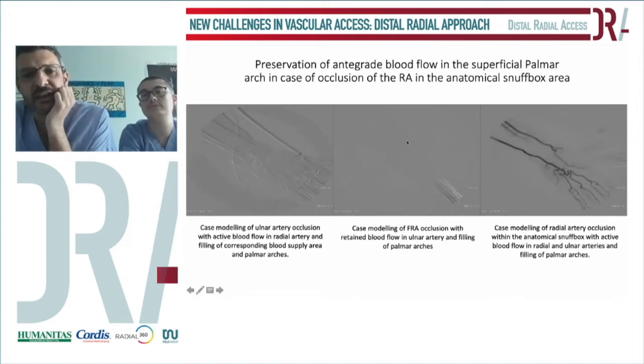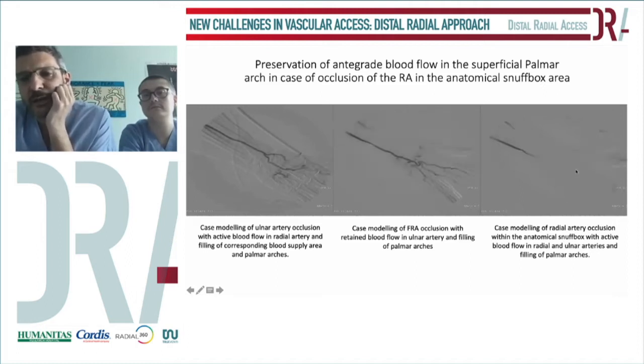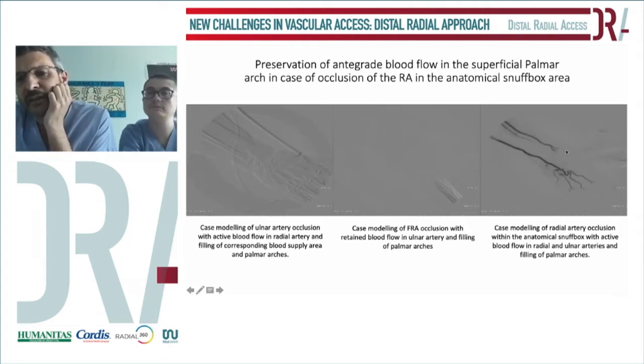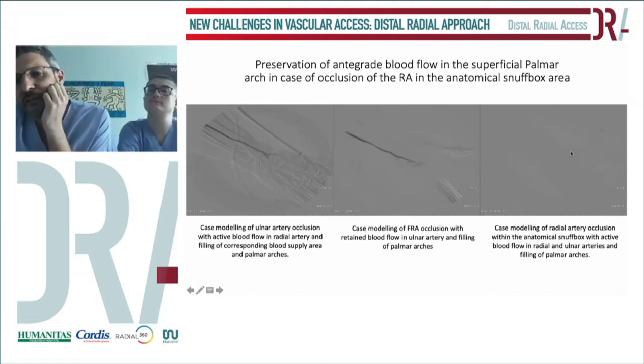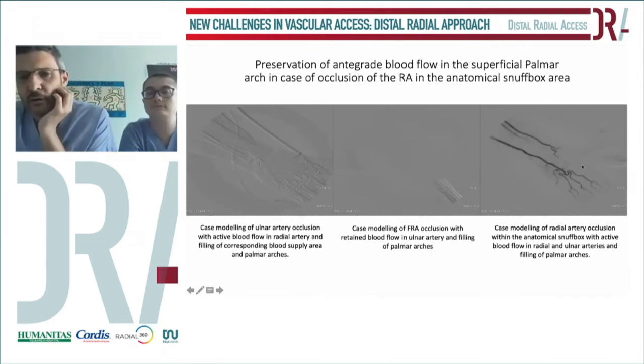Okay, this is the classical case that occurs during radial occlusion at the forearm. But if we use the distal radial, this is what happens in case of occlusion of the distal radial artery in the anatomical snuff box. We can have an active blood flow to the hand, both from the radial and ulnar arteries through the palmar arches. So this is a very impressive slide that shows you the benefit of using the distal radial access in terms of preservation of vascularization of the hand.